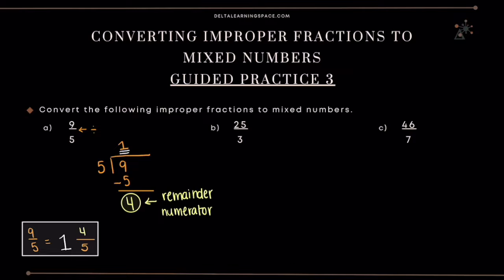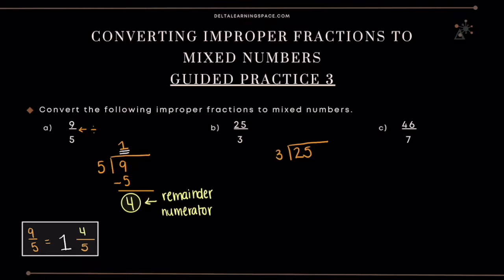And the way that we convert improper fractions to mixed numbers is we divide the numerator by the denominator. Let's take a look at B, 25/3. Our numerator will go inside of our division.